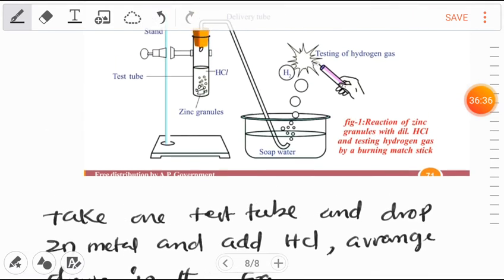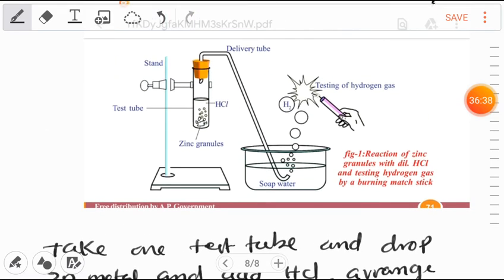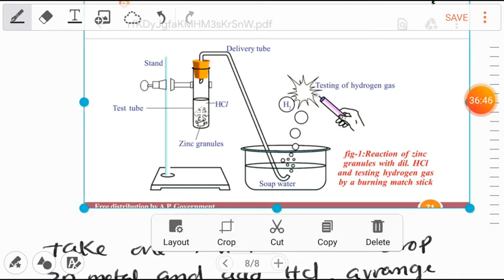So in the test tube you're going to take zinc granules, and HCl you're going to pour. One rubber stopper you're going to take, and a delivery tube. The total equipment you're going to fix to the stand. After some time there is a chemical reaction between the acid, HCl, and the metal. One gas is released.